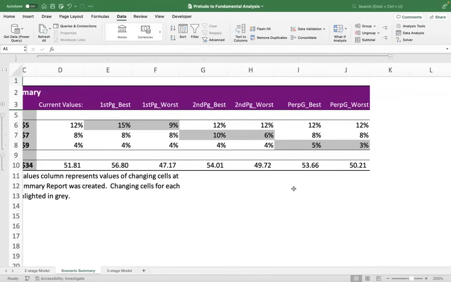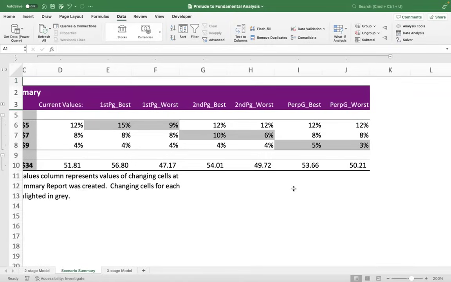Now, please pay attention on this one. If my growth rate, the first phase growth rate, is 15 and not 12, my intrinsic valuation will go from 51.8 to 56.8. But if my growth is 9 and not 12, it will drop to 47.